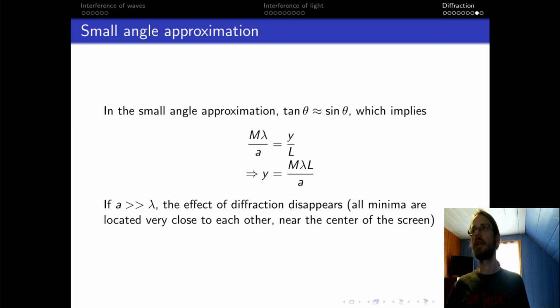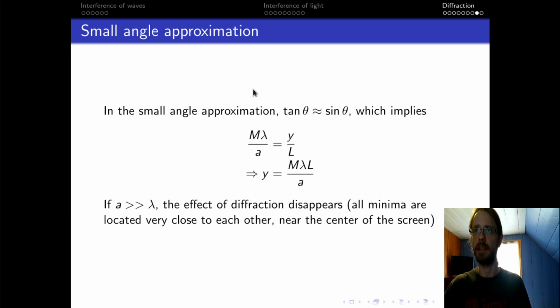And again, if we have a small angle, meaning we're not looking too far away from the center, which is often the case when we are looking at the first minimum of diffraction. If you're looking beyond the first, it might not be as great. But if you're looking around this location, we can use again the small angle approximation. In that case, the sine was approximately equal to the tangent, since both were about equal to their angle.